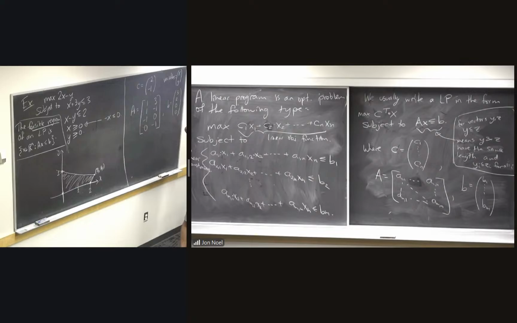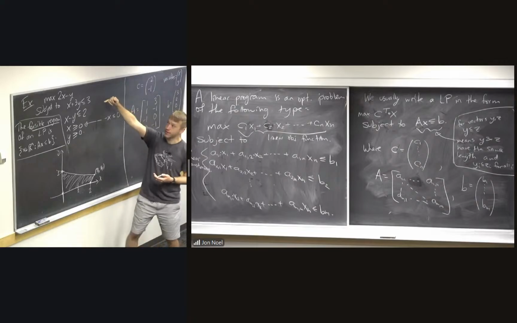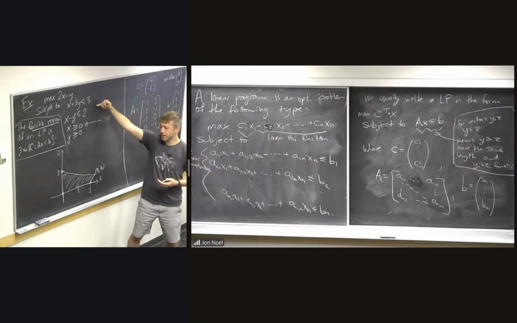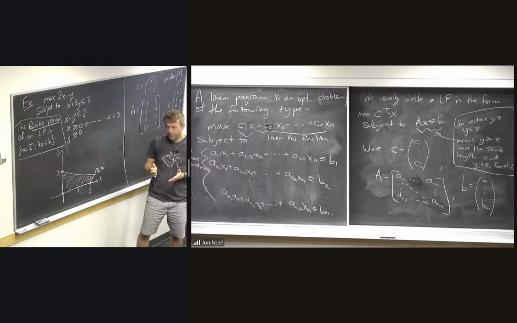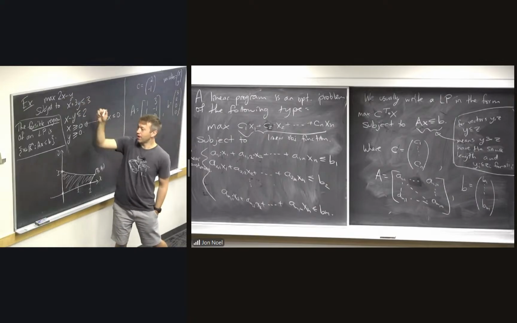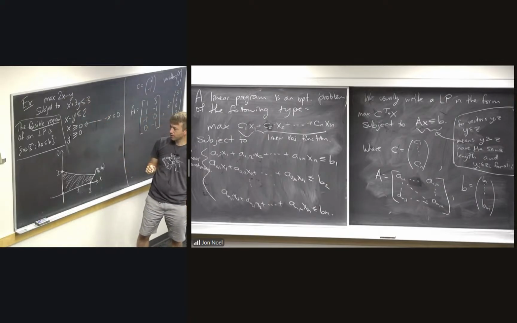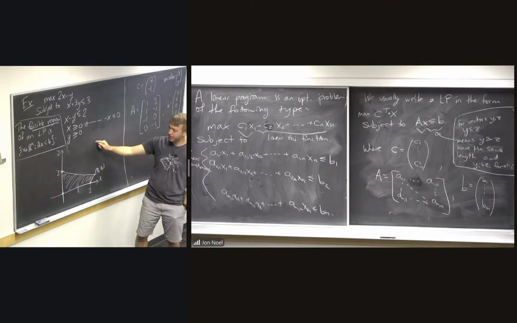And if you think about it now, what does it mean to maximize this objective function subject to these constraints? Well, you can think of all of this very geometrically. I want to maximize 2x minus y, as big as possible. Let's write 2x minus y equals alpha.